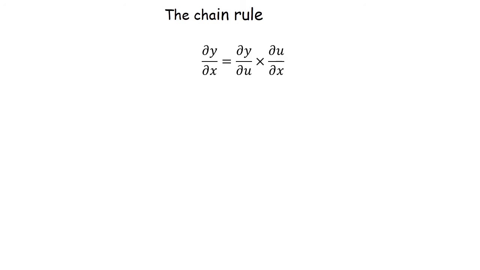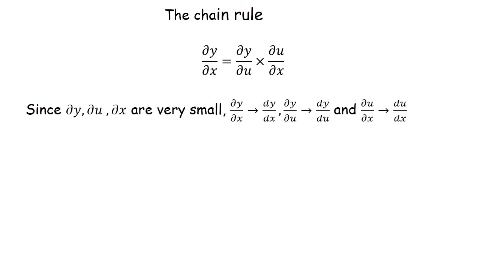So with the chain rule we say dy/dx, which is a small change in y over a small change in x, is equal to the small change in y over the small change in u, times the small change in u over the small change in x.